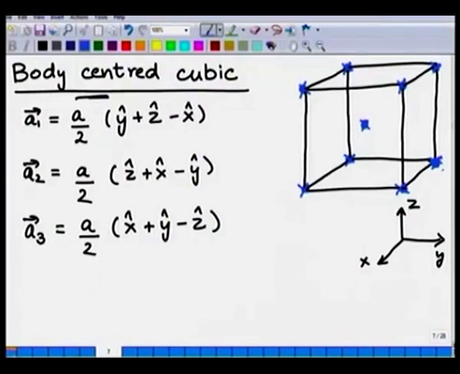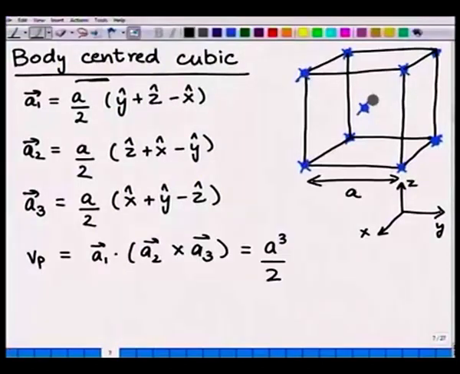Now, in order to draw these primitive lattice vectors, let us take the origin right at the center lattice point, and with respect to this origin, let us draw all these lattice vectors so that they remain within the cube itself.